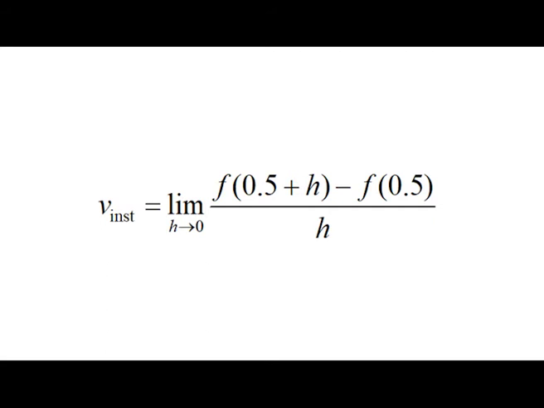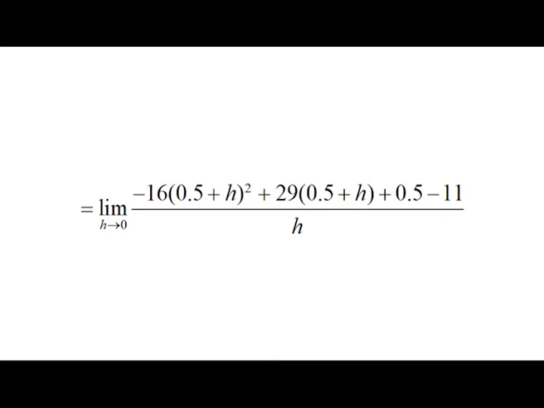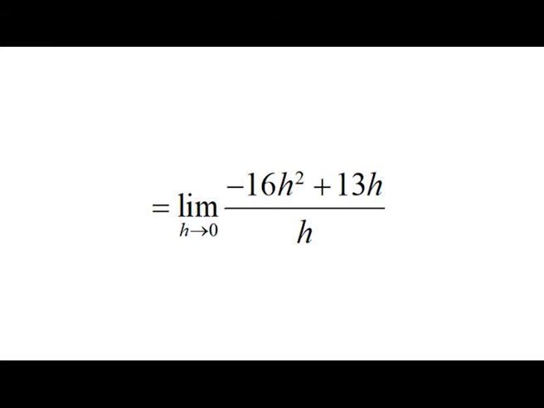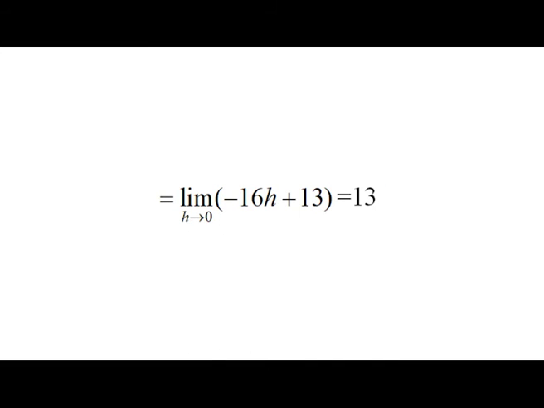V instantaneous equal to limit of f of 0.5 plus h minus f of 0.5 upon h as h approaches 0, which is equal to limit of negative 16 times 0.5 plus h whole square plus 29 times 0.5 plus h plus 6 minus 11 upon h as h approaches 0, which is equal to limit of negative 16 h square plus 13 h upon h as h approaches 0, which is equal to limit of negative 16 h plus 13 as h approaches 0, which is equal to 13.